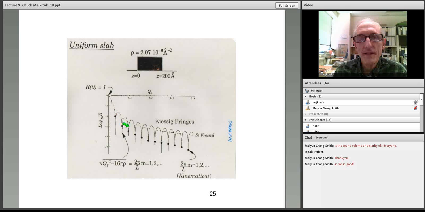Then it turns out, as you would expect in the diffraction process, that where the scattering space or reciprocal space is related to the real space object by an inverse connection, 2 pi over the periodicity of these fringes is equivalent to the thickness of this material.